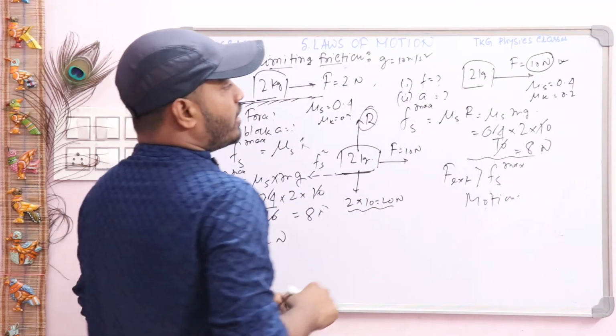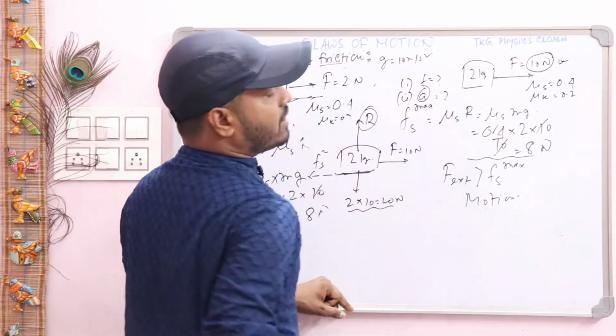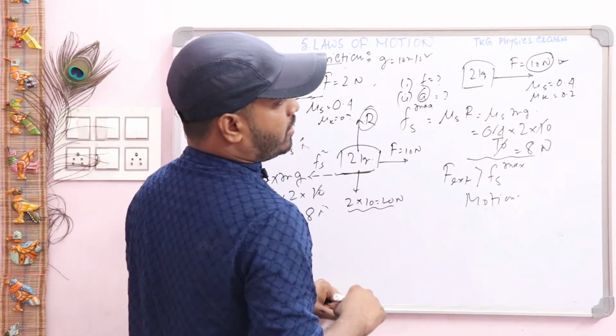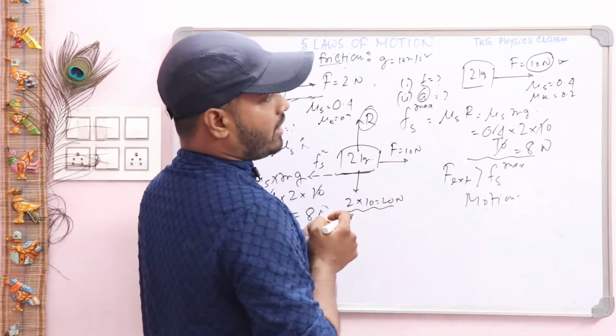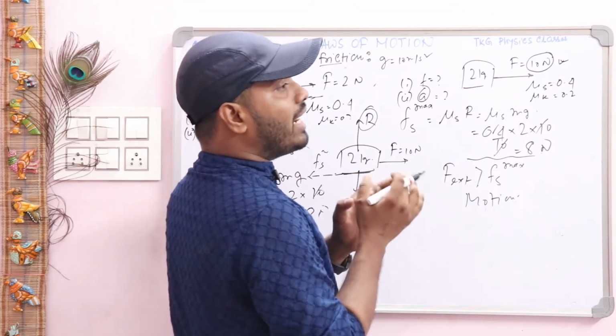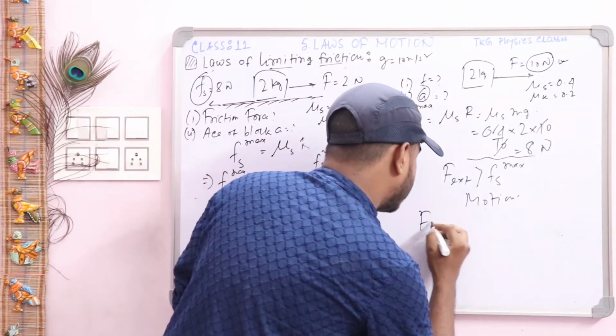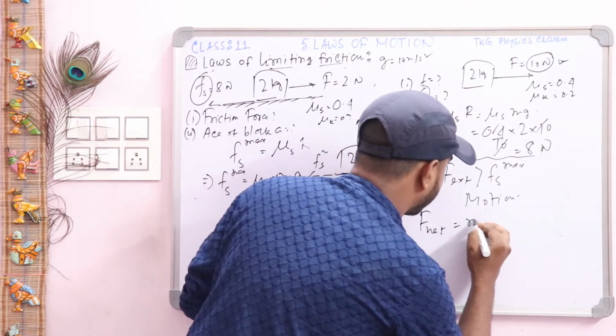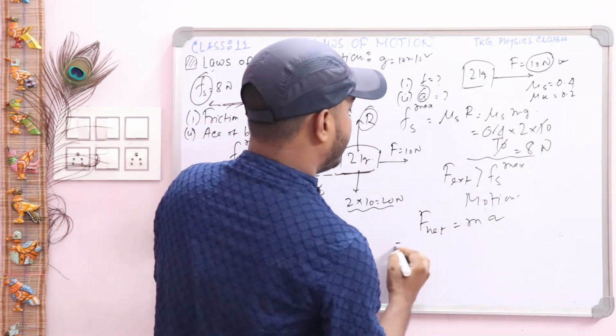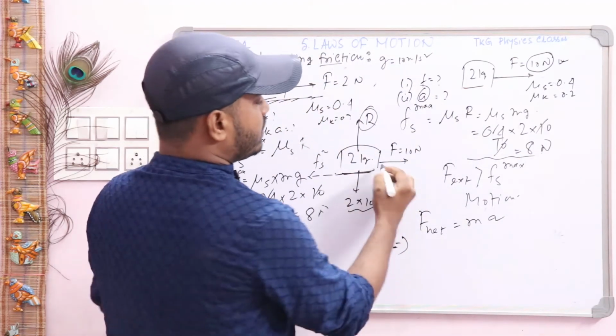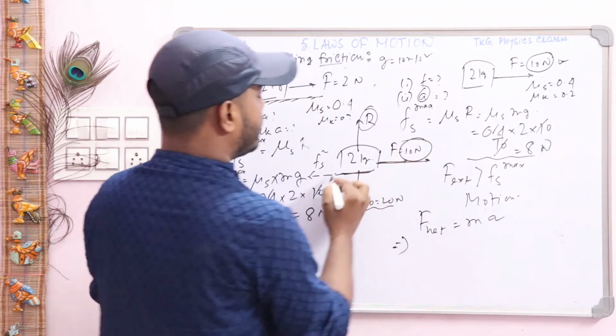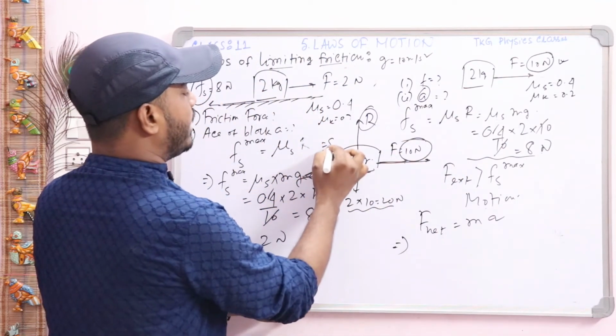Okay. Now the second part, what is the acceleration? For finding acceleration, at first you have to find the net force. So write it: F net is equal to M into A. Now net force means positive x-axis 10 Newton, negative x-axis 8 Newton.